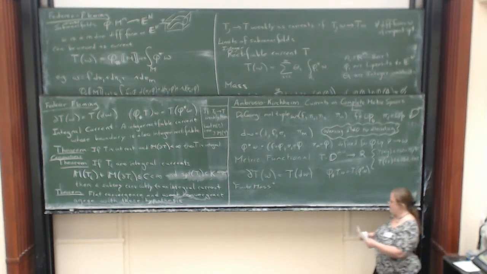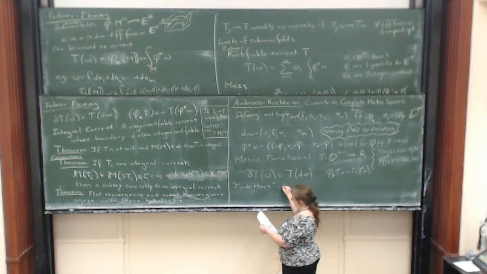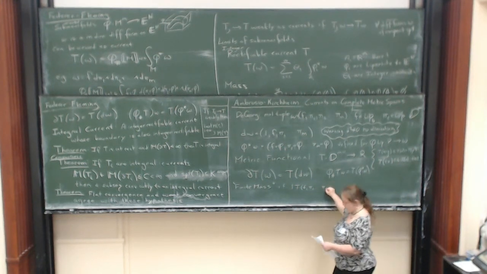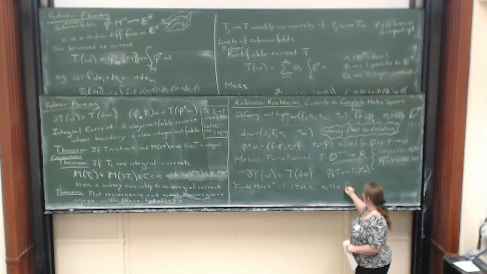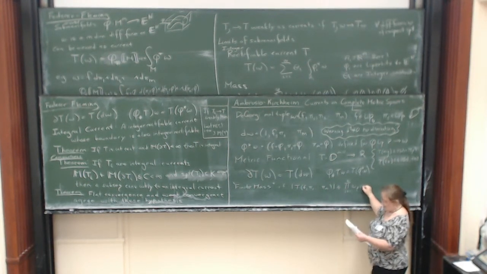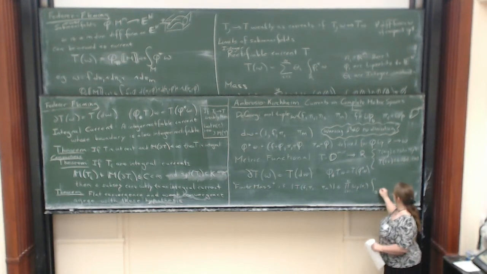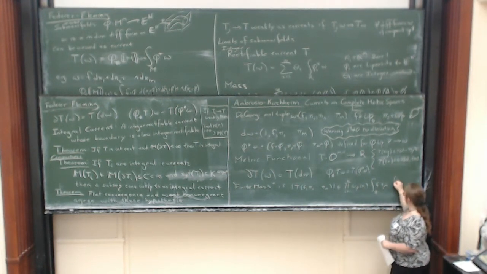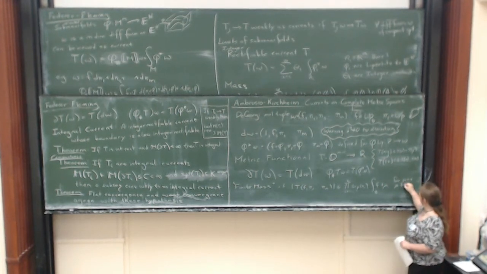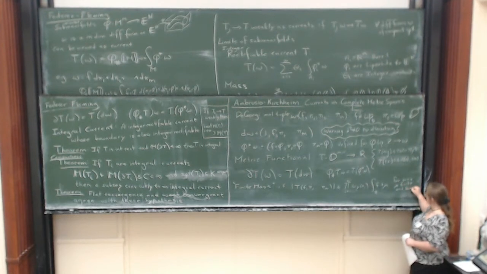They say it has finite mass if T acting on one of these tuples is less than or equal to the product from i equals 1 to infinity of the Lipschitz constants of the pi i's times the integral over z of f d mu, for some mu finite Borel measure on z.